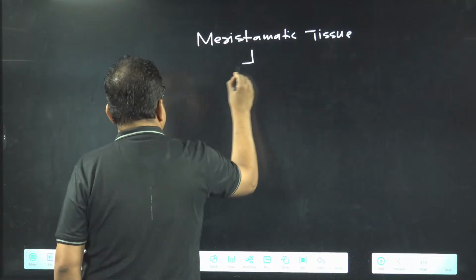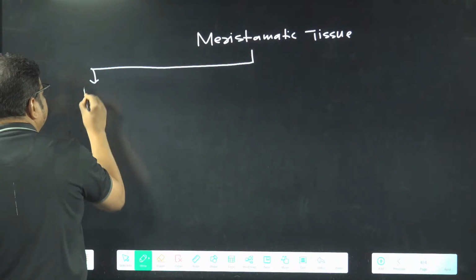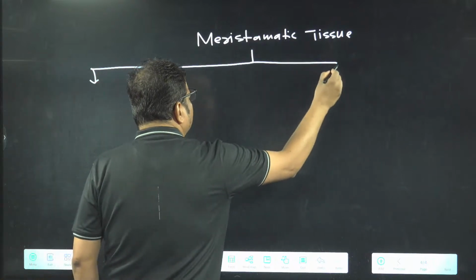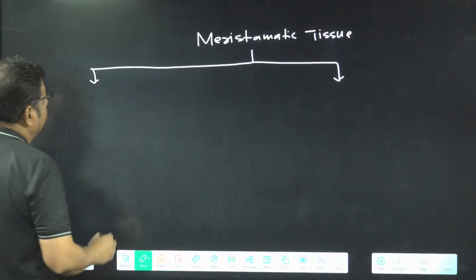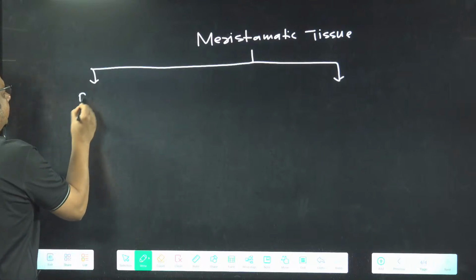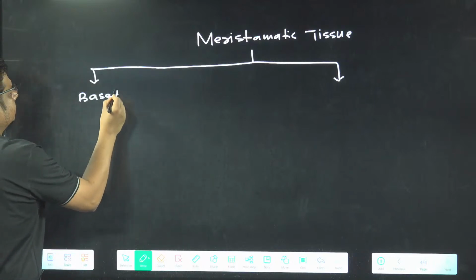We are classifying it based on different criteria, and here we will use only two criteria. The first criterion I am checking is based on origin.